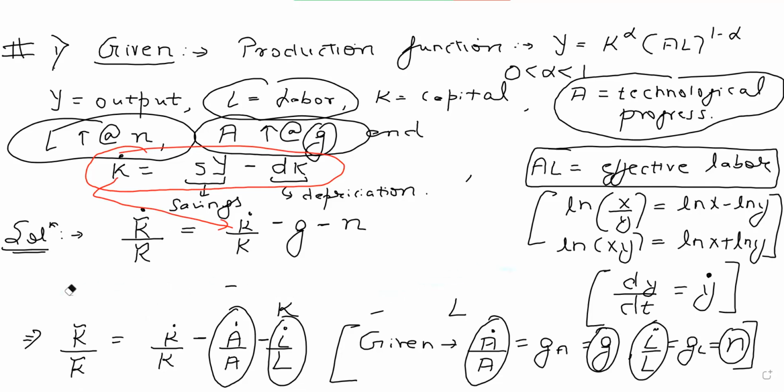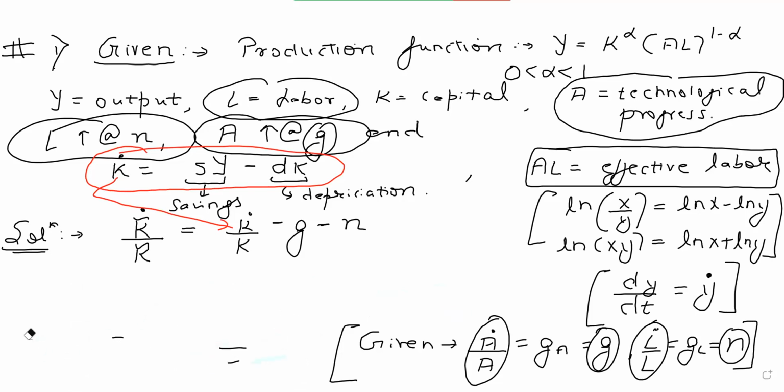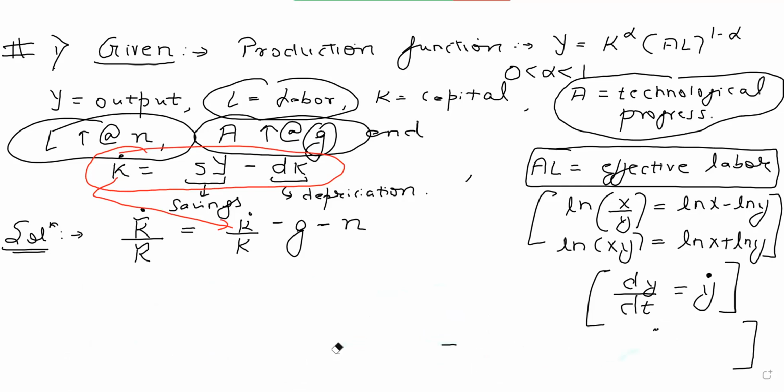Erasing this part off, I can write K tilde dot by K tilde is equal to, how much is K dot by K?